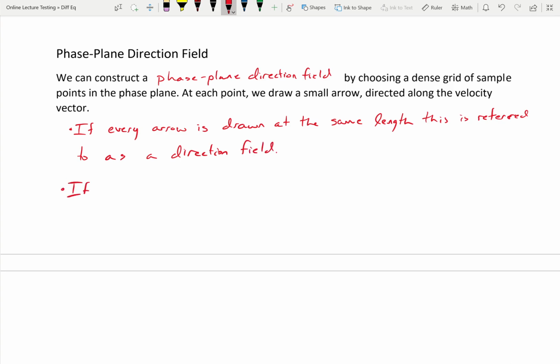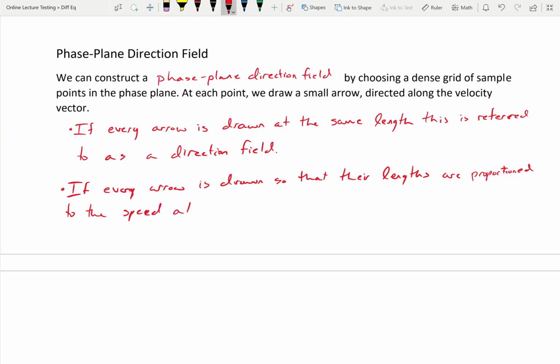If every arrow is drawn so that their lengths are proportioned to the speed at that point, this is referred to as a vector field.